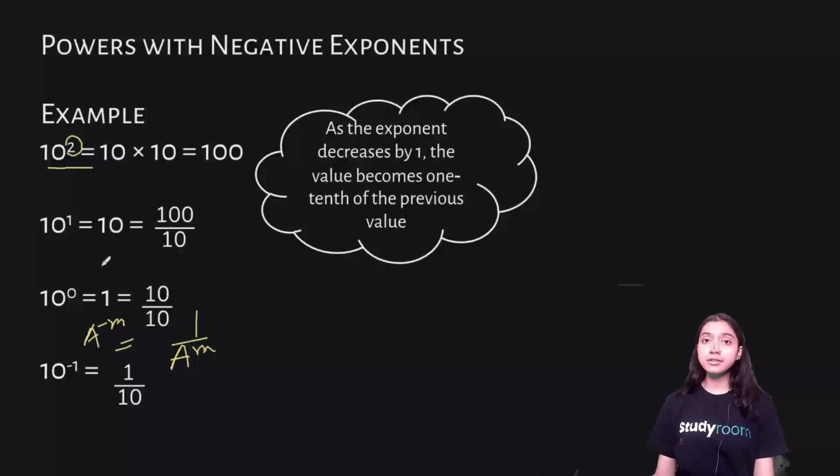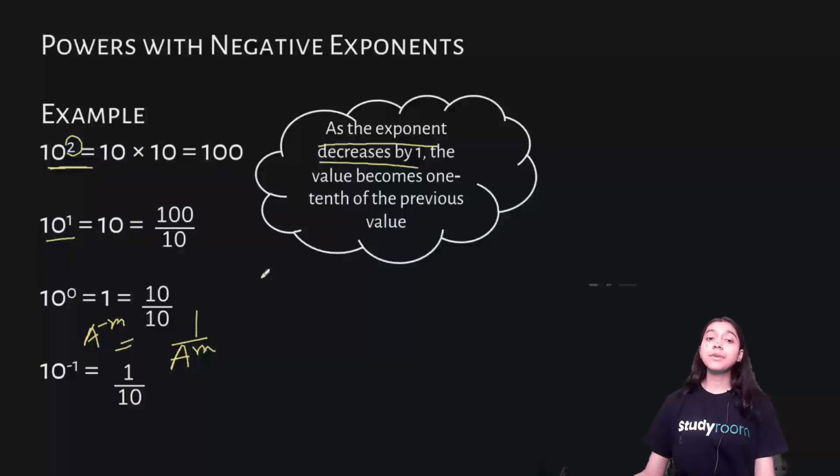First we had 10 square, then 10 to the power 1, then 10 to the power 0, followed by 10 to the power minus 1. As the exponent decreases by 1, the value of the entire thing becomes 1/10 of the previous value. How can we say? Just observe, here we have 10 square, here we have 10 to the power 1. The answer of 10 square was 100 and 10 to the power 1 is 10.